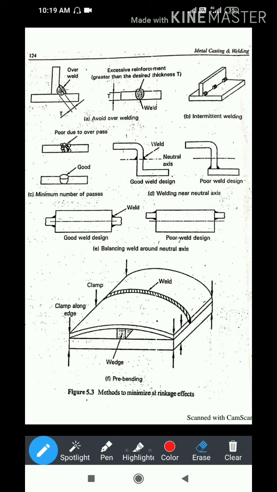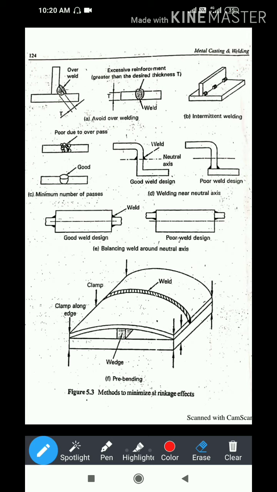Now you can see over here there is welding near the neutral axis. What do you mean by the neutral axis? The axis which divides the load into equal parts.